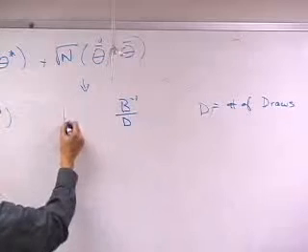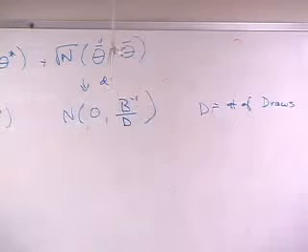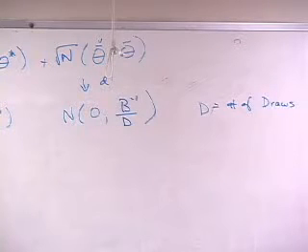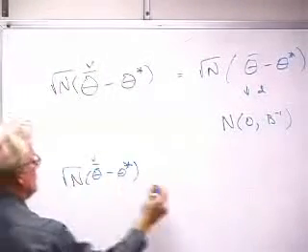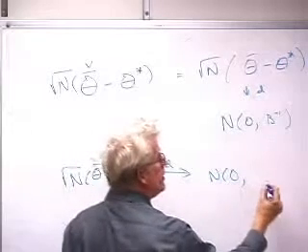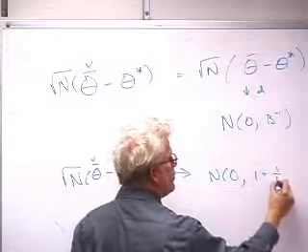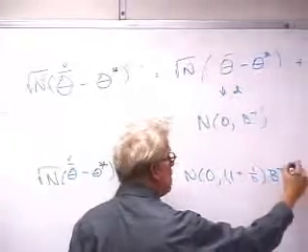So what we get is that this converges in distribution to that, which means that our estimator, since these two components here are independent, converges in distribution to normal, zero mean, 1 plus 1 over D times that.